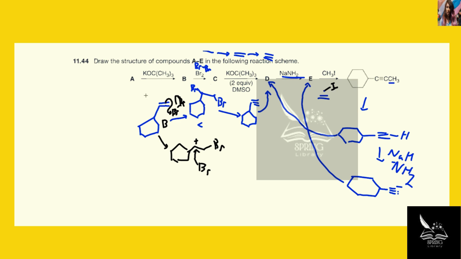Now we use the same oxidizing agent, but only one equivalent. So the product is an alkene, and we use one equivalent, which means we have to start with an alkane. So A has to be some sort of alkane version with the same number of carbons, but we need some sort of leaving group here to work. You see here, when we used these two equivalents, we had two leaving groups, one bromine here, one bromine here.